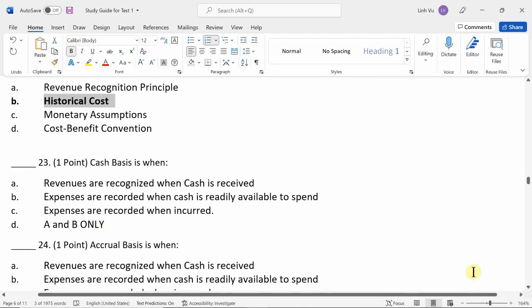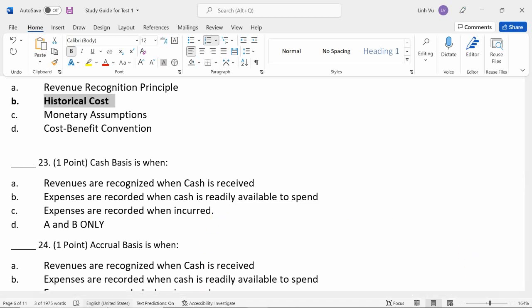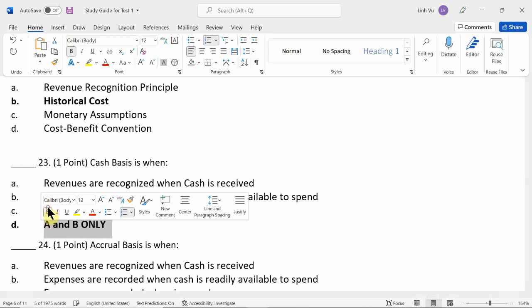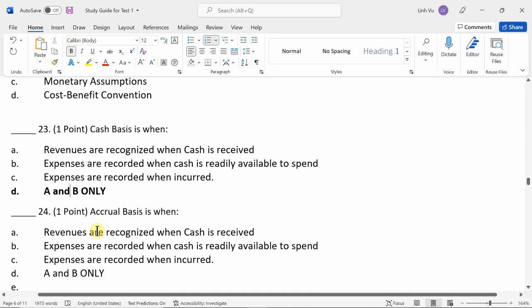Cash basis is when? A and B. A says revenues are recorded when cash is received. And then B says expenses are recorded when cash is readily available to spend. Yes, that is cash basis. Only record when cash is present.